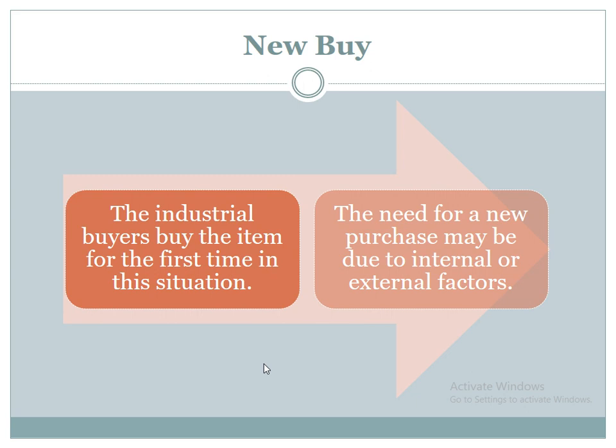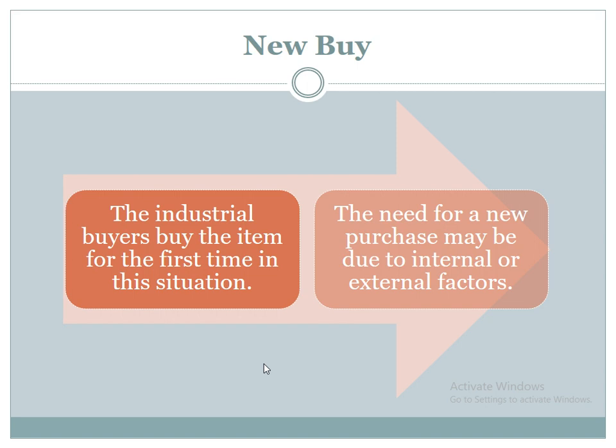The industrial buyers buy the items for the first time in this situation. It is called new buy. The need for a new purchase may be due to internal or external factors. For example, when a firm decides to go for a new purchase, that is, the firm has not bought the product previously, the buyers have no knowledge or insufficient knowledge, coupled with a lack of previous experience.